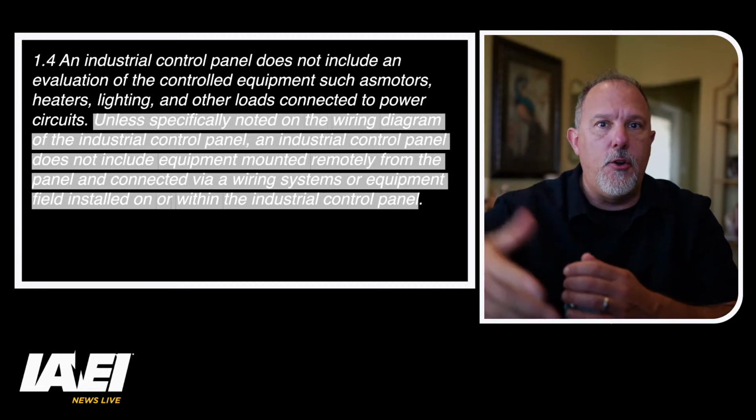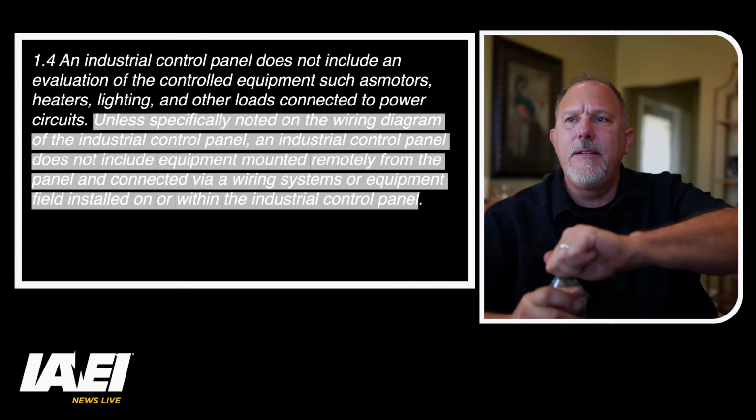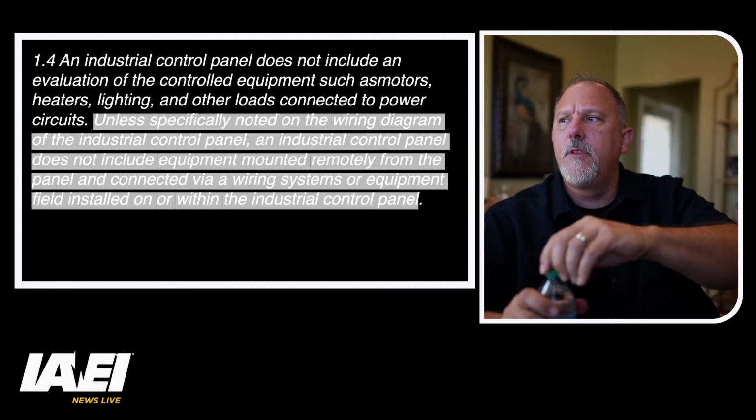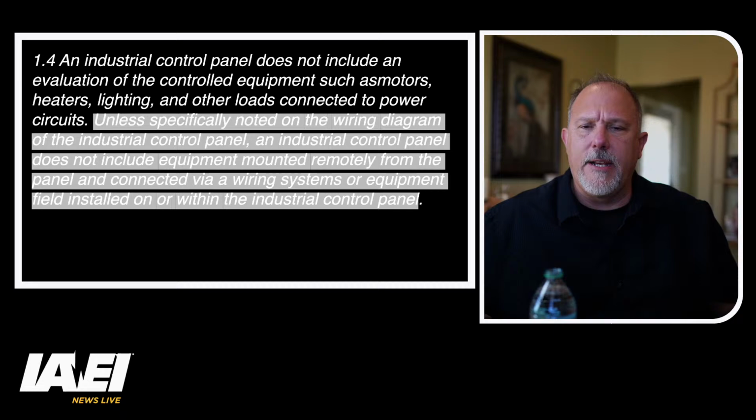That's not the load. You're still not controlling the load. So an industrial control panel does not evaluate the controlled equipment, like motors, heaters, lighting, and other loads that are connected to those control circuits. So those are out of the picture. What they should do is probably not include that second sentence.